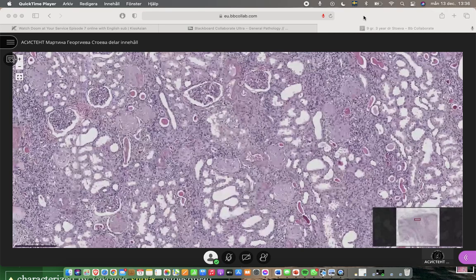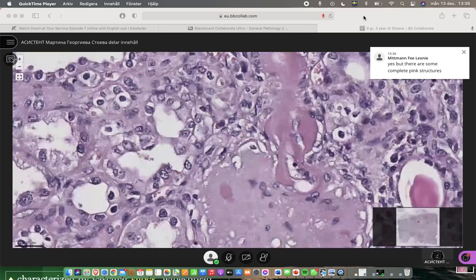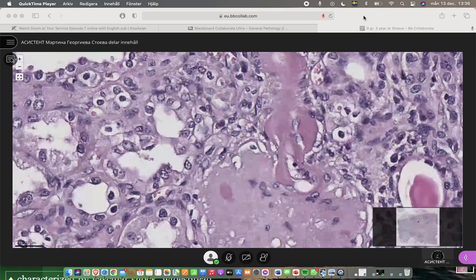The hyaline is in the blood vessel wall, but not in the lumen. The lumen is narrowed because of this thickening of the wall, but still there is some lumen with erythrocytes. So hyalinization is a process of deposition of hyaline in the extracellular matrix.